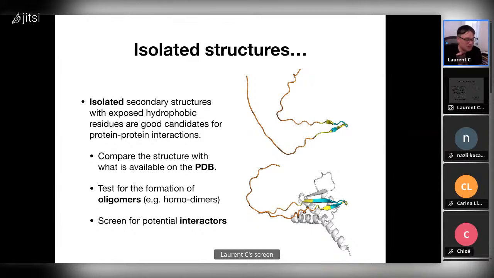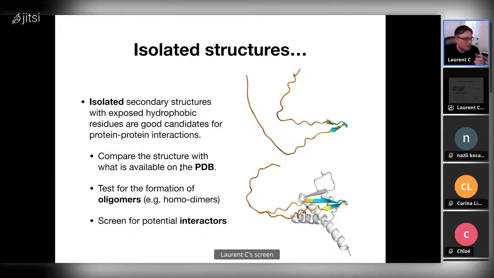This is probably a sign that this particular part of the protein interacts with something. So when you see those things in the structure of your protein of interest, it's a sign that maybe you should be looking for something.